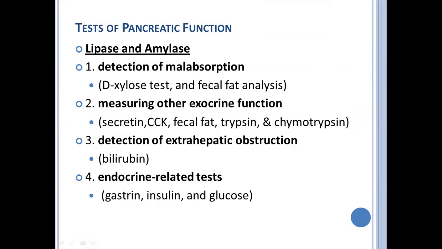Measuring other exocrine function, the secretin and the CCK, fecal fats also. Then detection of extrahepatic obstruction, it can be bilirubin, and then the endocrine-related tests. Now we are going to concentrate on the detection of malabsorption and the detection of the exocrine function.